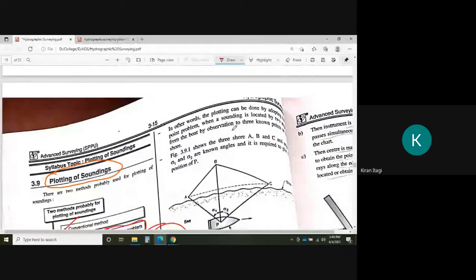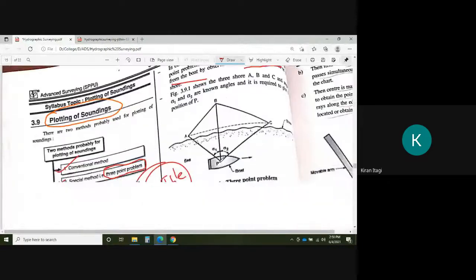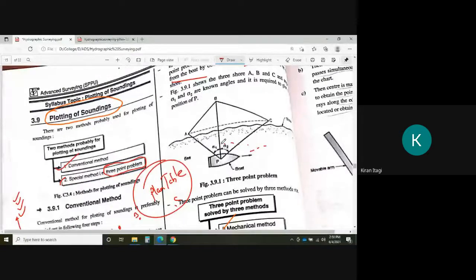In other words, plotting can be done by adopting the 3-point problem when the sounding is located by 2 angles from the boat by observing to the 3 known points. Here you have water, and here it is land. Here we have 1, 2, 3, 3 points.